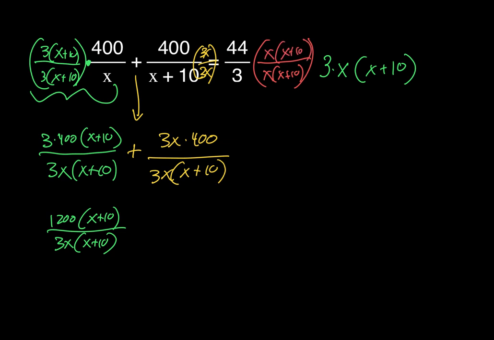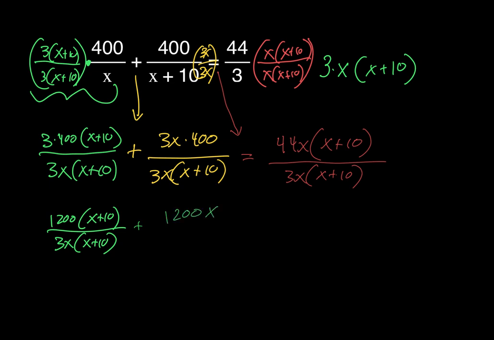So I then have, don't forget the equal sign, 44x times x plus 10 all over 3x times x plus 10. Now let's see, 3x times 400 is 1200x.